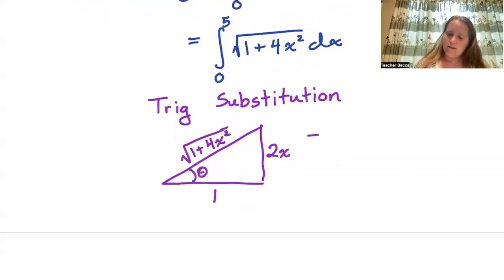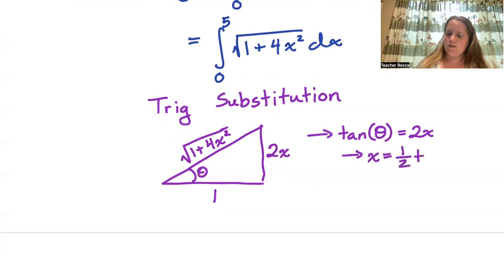This gives us then that tangent of theta is 2x, or x is 1/2 tangent of theta. We therefore have that dx is 1/2 secant squared theta d theta.